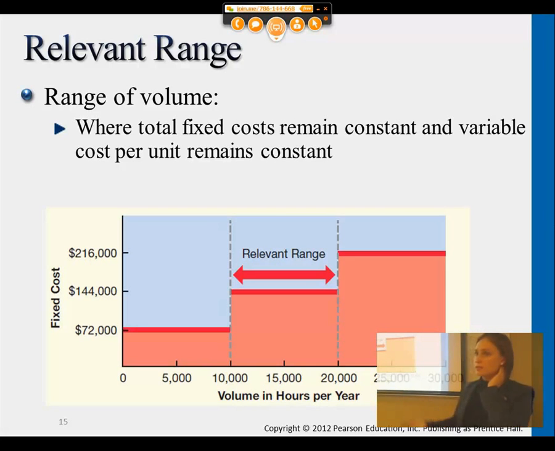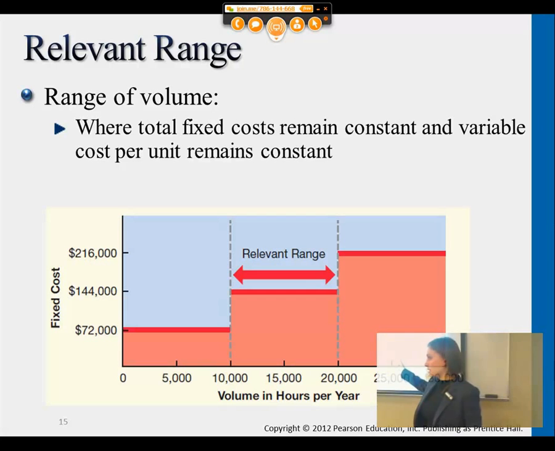And if I'm expanding my business to the point where I need another facility involved, my relevant range changes. Because if I'm using one facility to produce 100 units, and I need another facility because I'm planning to produce 150, my fixed cost has just changed once I started producing from 100 to 101 units. My fixed cost is going to go up because I have to rent another facility. All right?